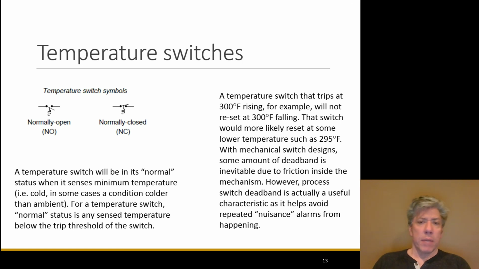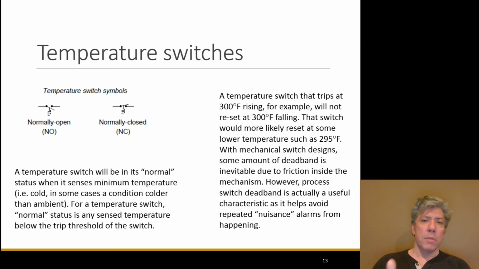There's some deadband built into them where it doesn't change state over a certain temperature range. And in this case, it's actually a desirable side effect. So you might have, say, a 5-degree temperature deadband, so that the switch doesn't turn back off until it reaches well below 300, say 295 degrees. And so that helps avoid problems with the switch turning on and off too often.